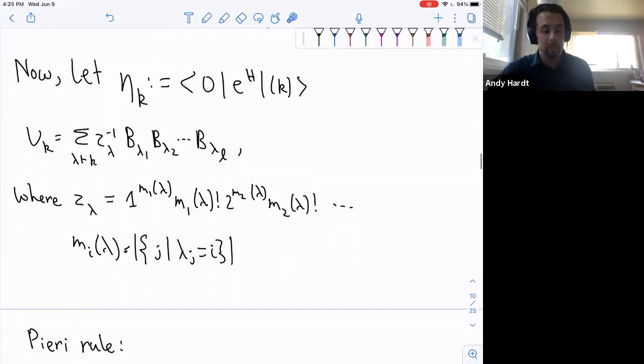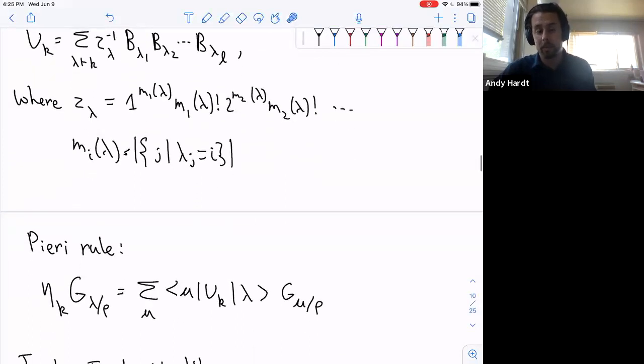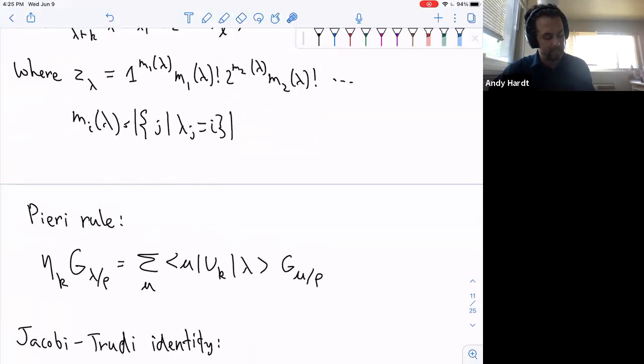And if we do this, then we get a Pieri rule that looks the same. So the Pieri rule is just if I multiply by this eta sub k, I get a sum over mu of, we apply u sub k to lambda, and then we're doing g mu.